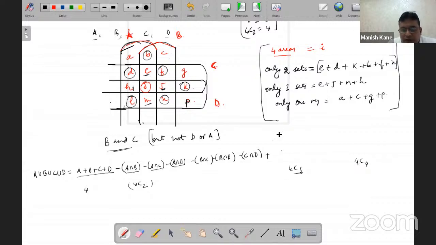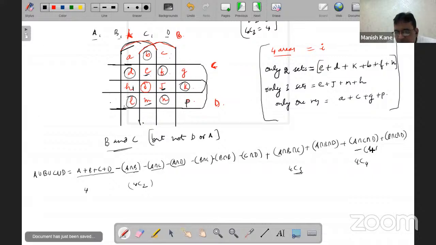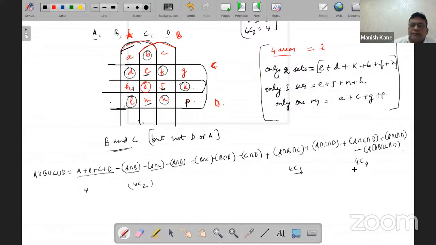So 4C3 is 4, sorry, A intersection B intersection C plus A intersection B intersection D plus A intersection C intersection D plus B intersection C intersection D, and finally minus A intersection B intersection C intersection D. So it's a very, very complicated formula.